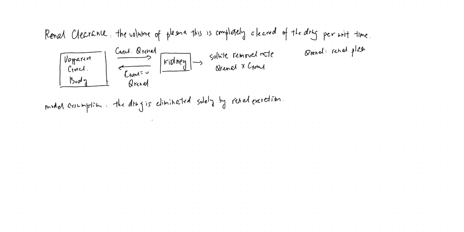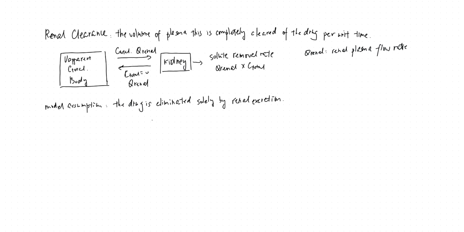Plasma flows to the kidney at a certain rate, and Q renal describes that rate. So it enters the kidney with drug concentration C total and volumetric flow rate Q renal. When it leaves the kidney and goes back to the body, the drug has been cleared, so C total becomes 0, still with the same volume flow rate Q renal.